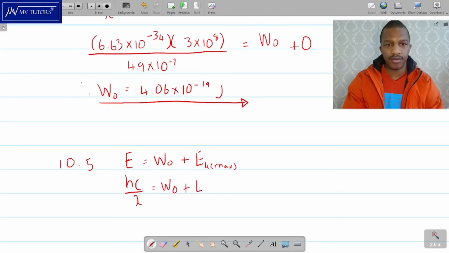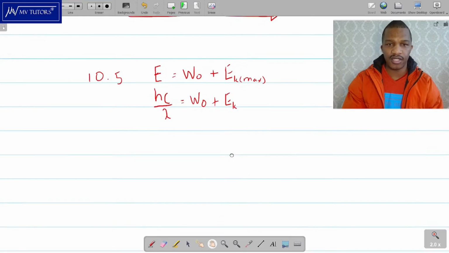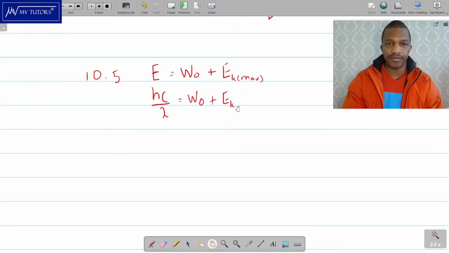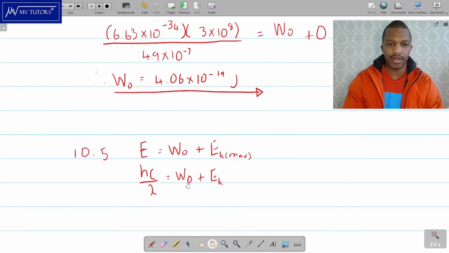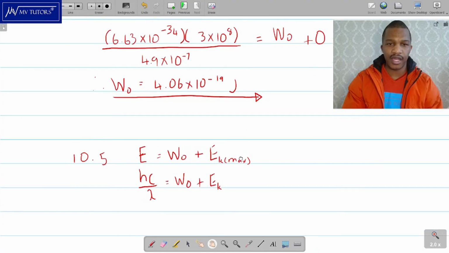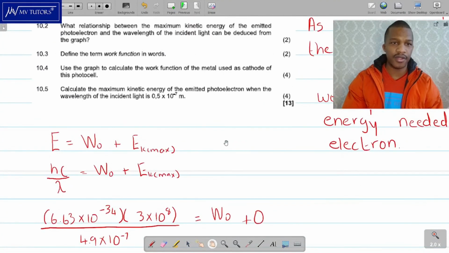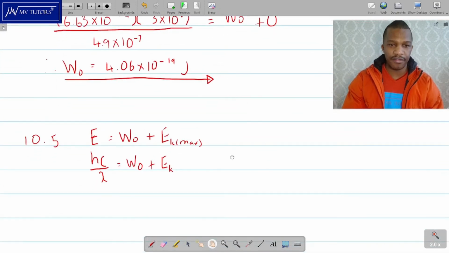I'm just gonna put EK here, I'm not gonna put the max, but you should have it in the back of your head that the formula includes max, if you are looking for the maximum. We just want, well, actually we are looking for the maximum kinetic energy at 0.5.